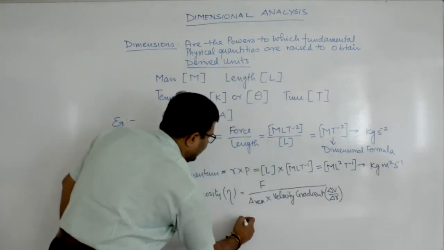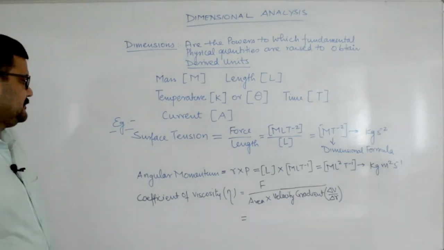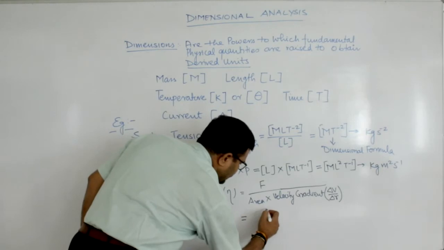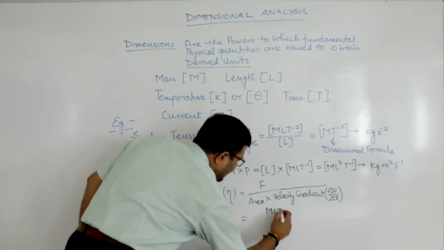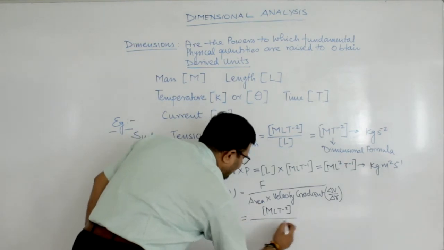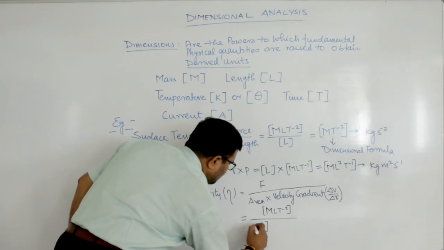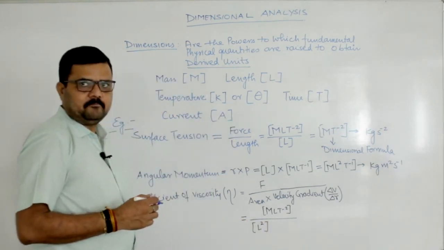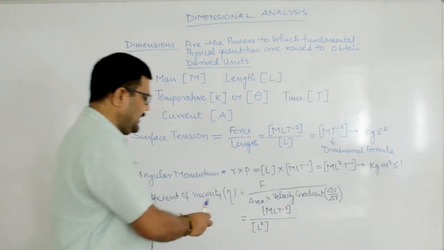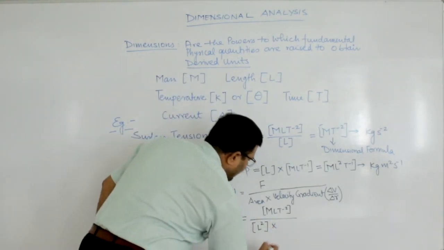So, you need to find the dimension of coefficient of viscosity. Dimension of force is MLT^-2. Dimension of area is L^2.